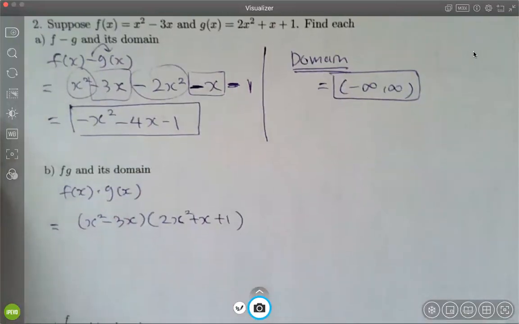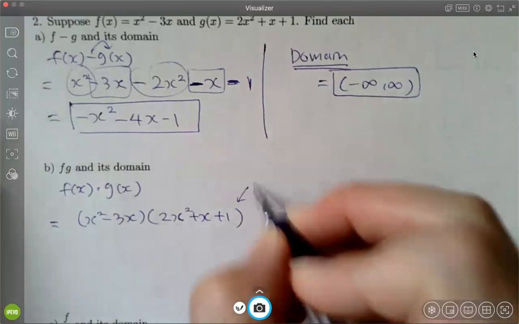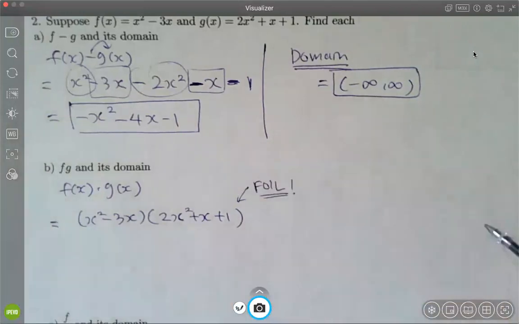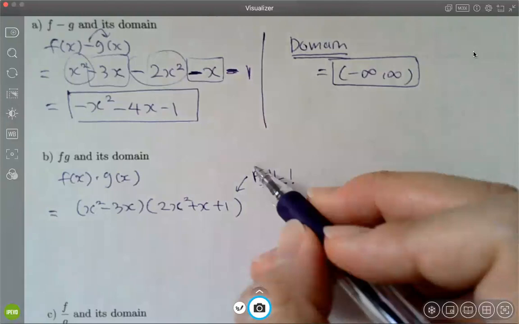Okay, so now, hopefully you know that to clear parentheses, we must FOIL this, right? So that's not hard to see. But here comes the main question. How do we FOIL this? So first of all, what is the F term?